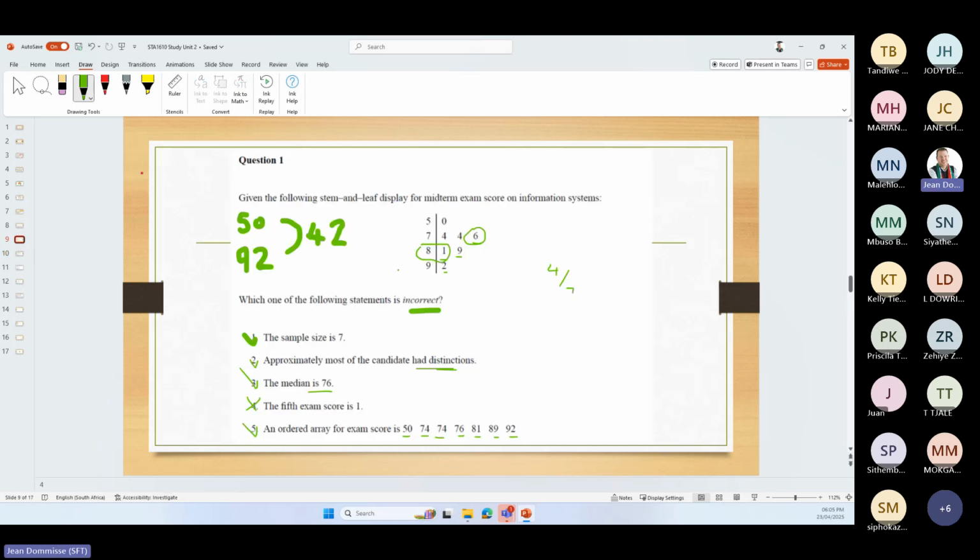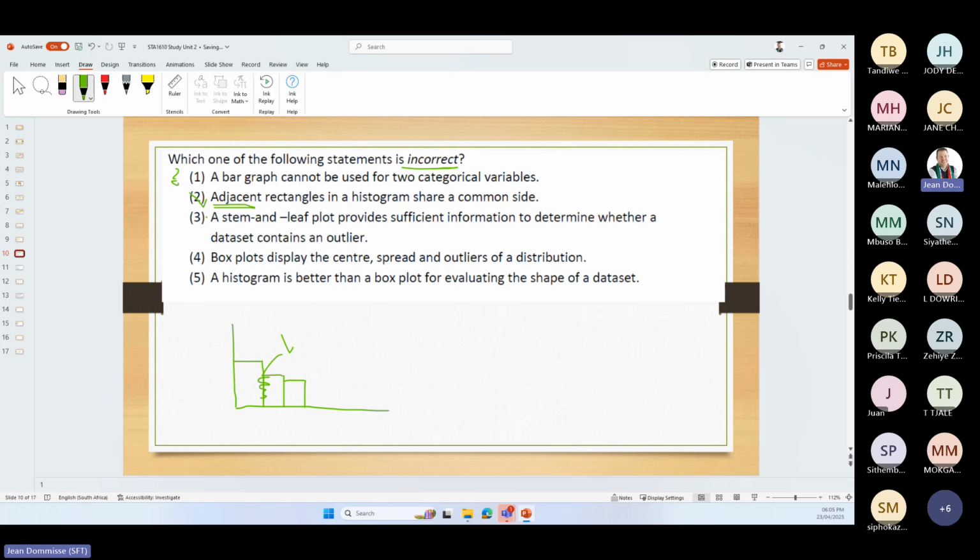So let's look at this. If this data set went on and there was a number 11, then you can see, here's most of my data. That's definitely an outlier there. So a stem and leaf can show you that you have an outlier in the data set.